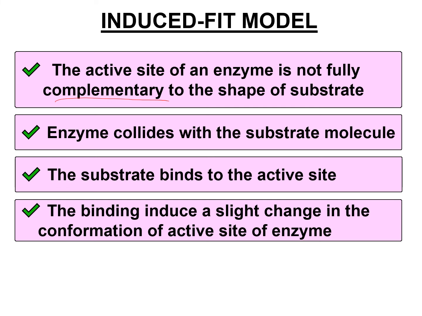The binding of the substrate towards the active site will induce a slight change in the shape of the active site of the enzyme. So the binding induces a slight change in the conformation of the active site of the enzyme. Conformation is shape.